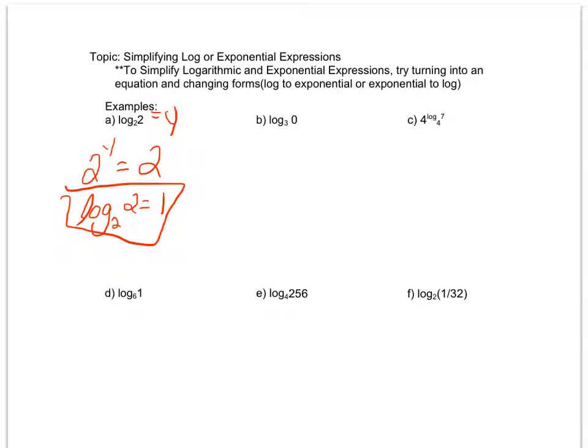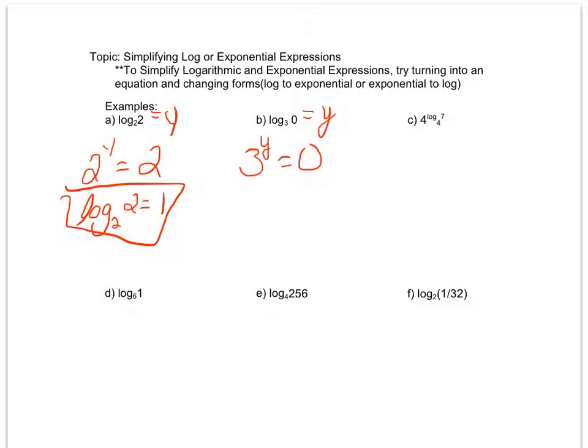Looking at letter B, I'm going to do the same thing. I'm going to say this logarithmic expression has to be equal to something. Let's call it y. Then changing to exponential form, I'll have 3 to the y equals 0. And I'm going to ask myself, what exponent would make my expression 0? Well, nothing would, because if you think of what an exponential function looks like, it only has values that are greater than 0.